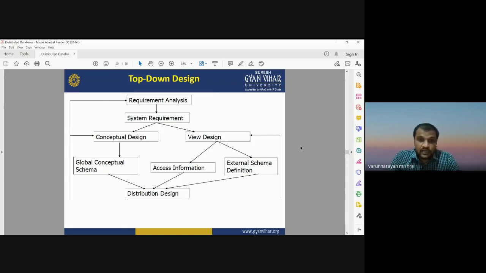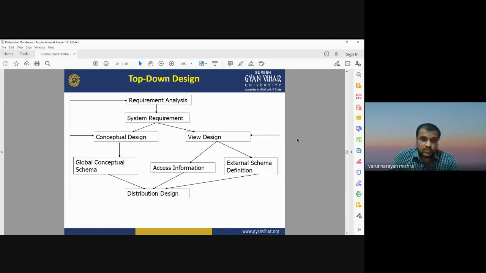And when we only want to design the view, we may have two options, that is access information or external schema definition. The information from the global conceptual schema, access information, and external schema definition will be used for the distribution design, that is distributed database design.